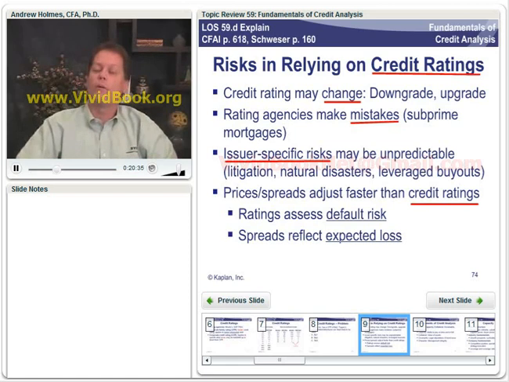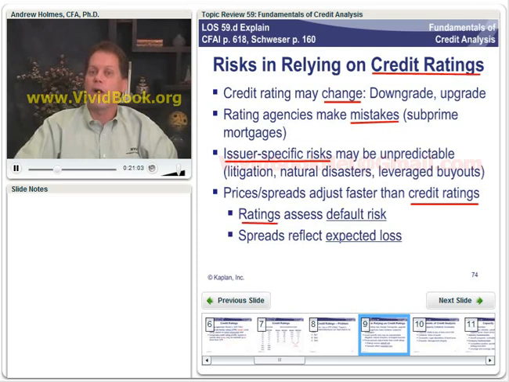So when we see a bond go from AA to single A, we're forgetting the notching there, there's probably going to be a response to that. But most of the change has been anticipated by the market before the change is actually announced or made.